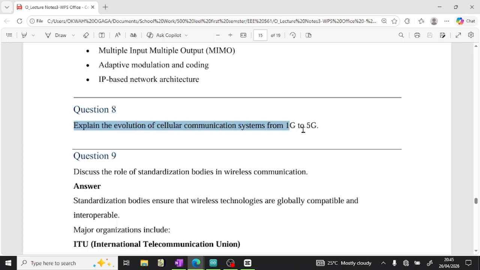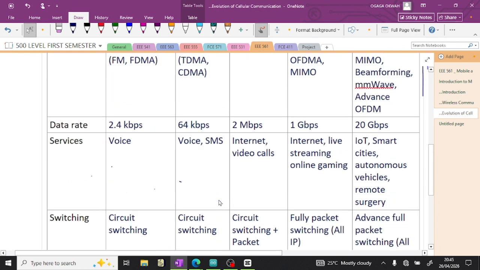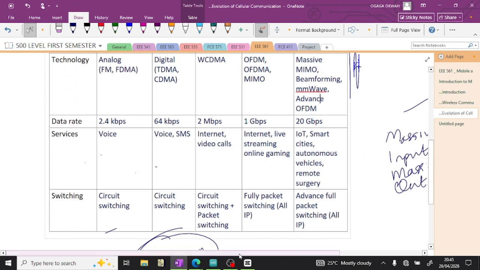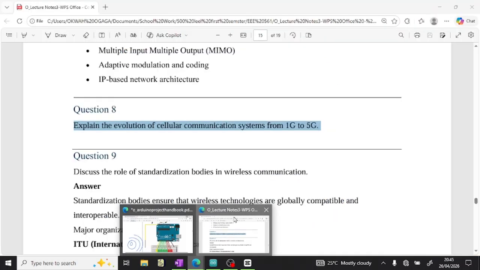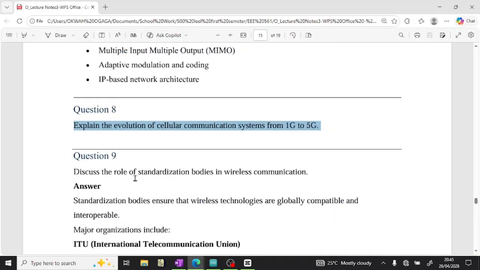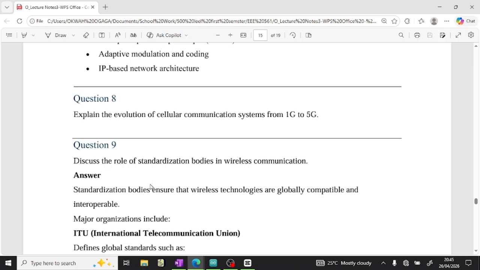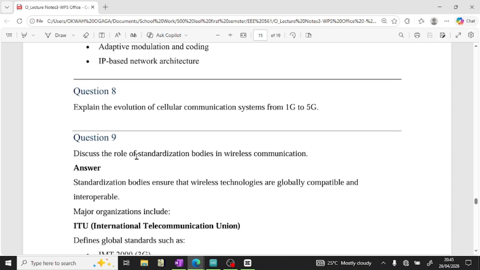Explain the evolution of cellular communication system from 1G to 5G. That's what we just did. It's quite lengthy, but that's what we've done already. Then the next one is this: discuss the role of standardized bodies in wireless communication. This one is not part of that generation stuff, but these are the people who ensure the role of standardization bodies in wireless communication.